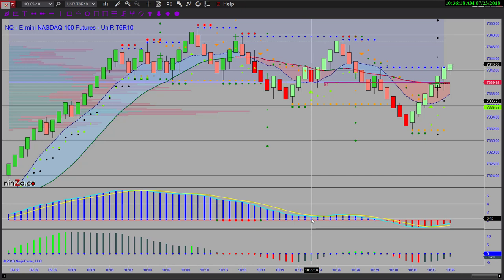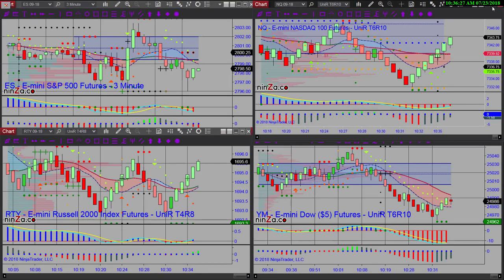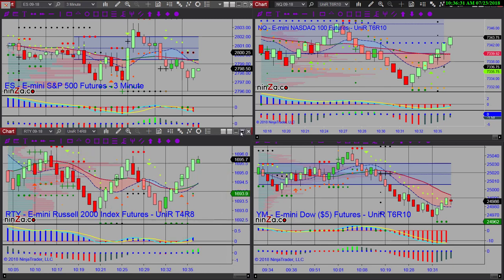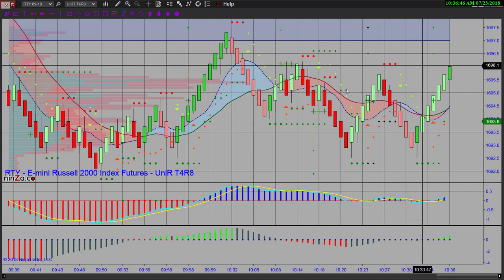I thought they did. All right, we're getting our rally in the NASDAQ. Let's see. We're getting a rally in the Russell as well. Not seeing any big swing levels. I'm going to want a penetration of about 96.5 on the Russell here.